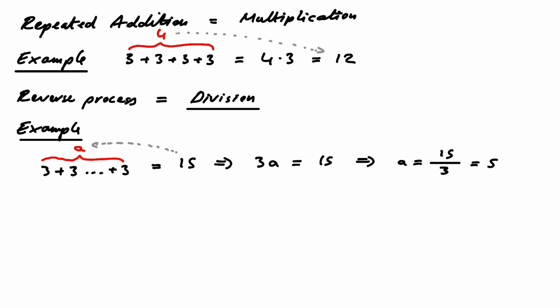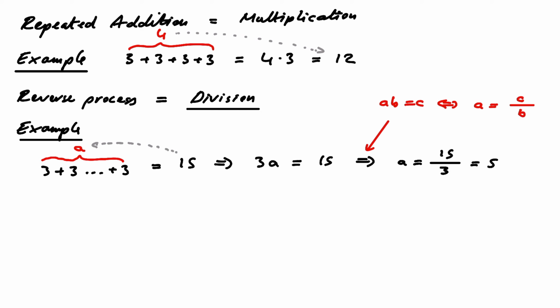Just to really be careful, what am I actually invoking here? I'm invoking the property that AB equals C implies that A is equal to C divided by B. This is a general property of algebra I'm using.